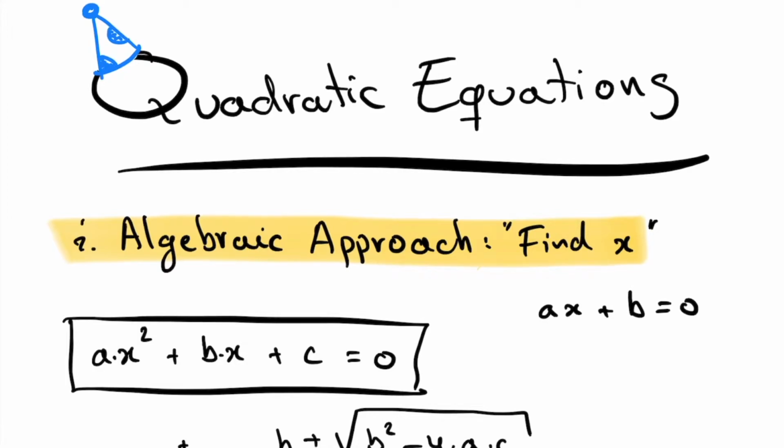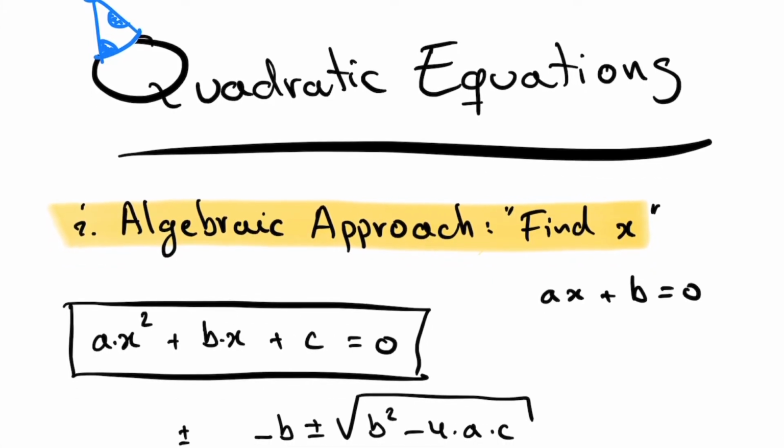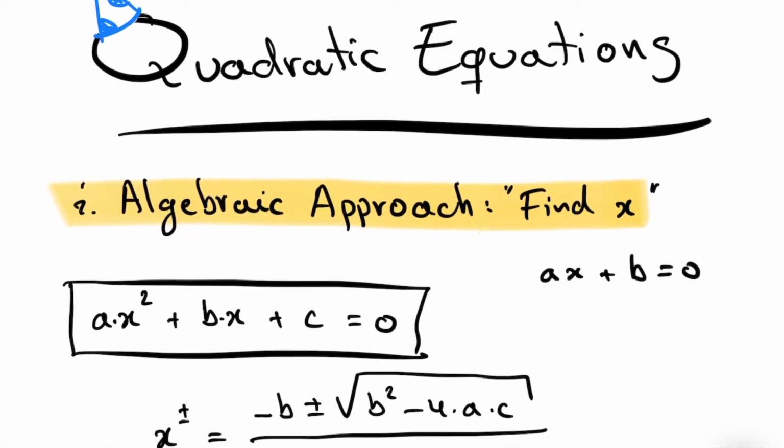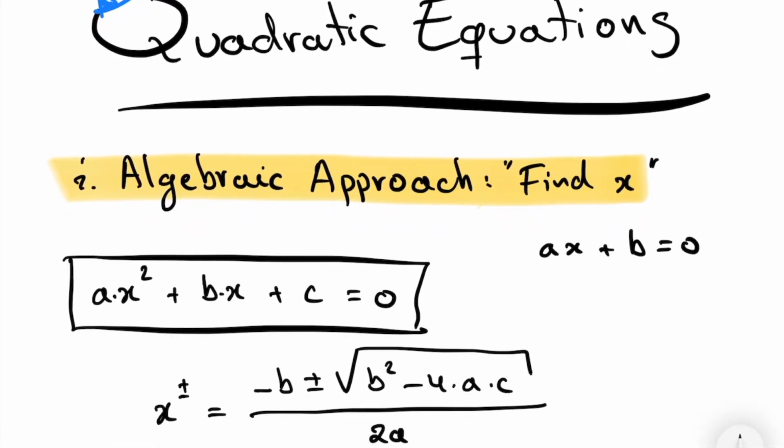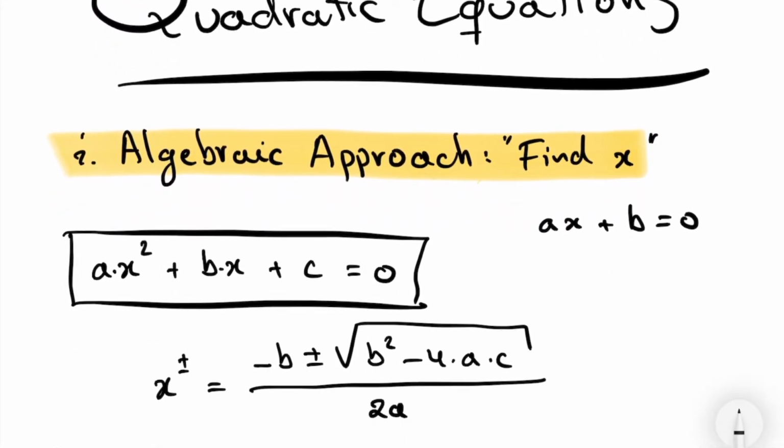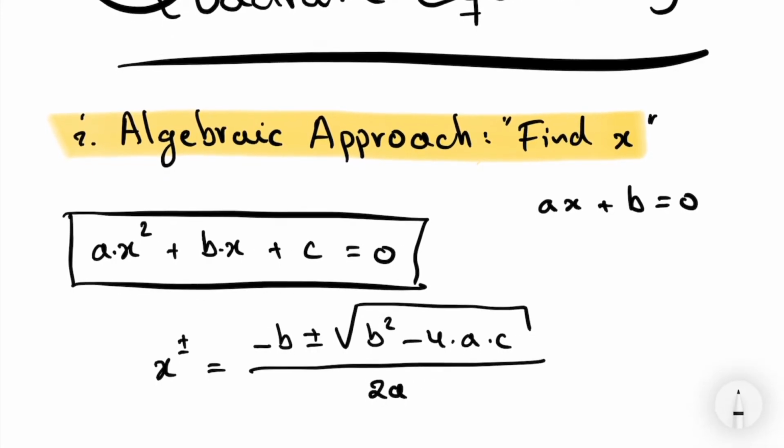Our goal then is to find a certain x, so we have to find a number for x such that this equation holds. Fortunately, there is a general solution for these types of equations, and it's the one that I've written here, and it will always be correct given that you didn't make any calculation mistakes.